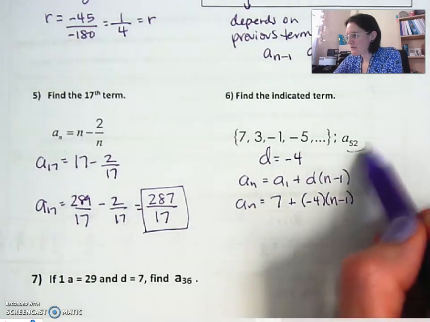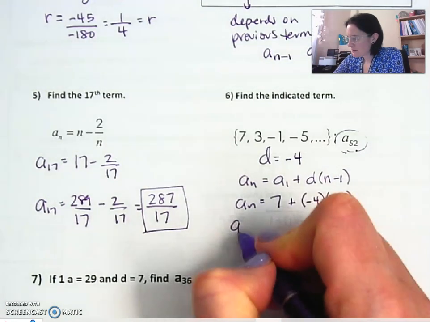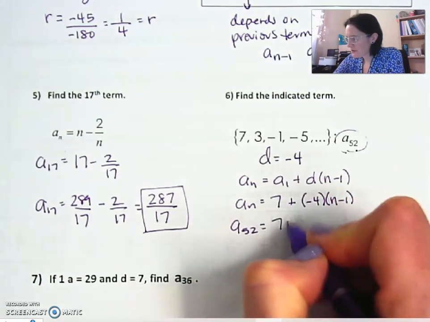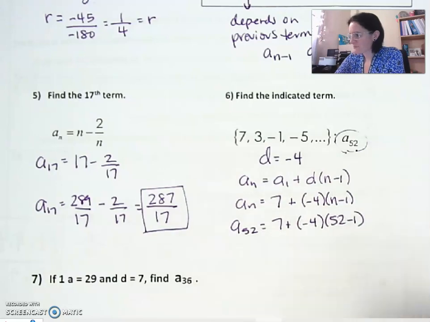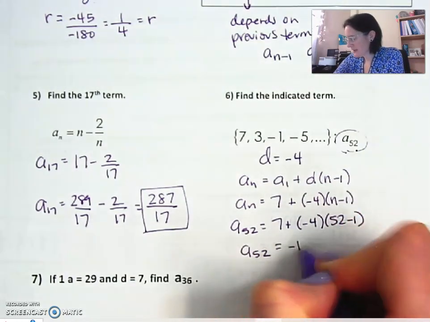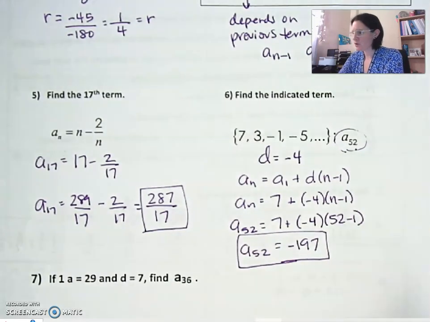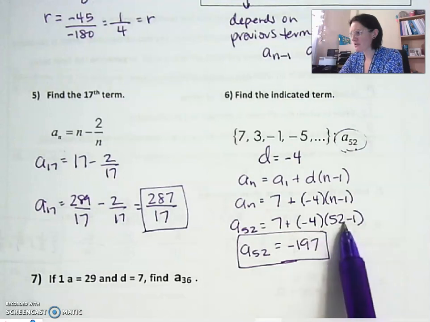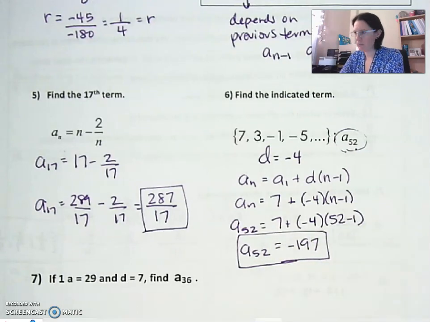And now we're being asked to find the 52nd term. So I can go ahead and plug in 52 for the n. Math happens, and we get negative 197. Order of operations, remember to do your parentheses, multiplication, and then add 7 at the end.